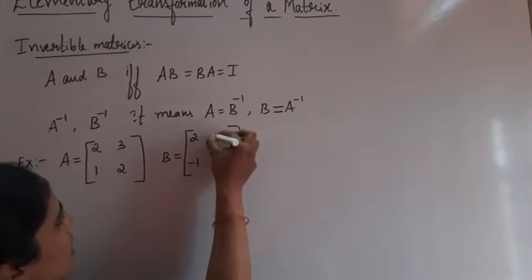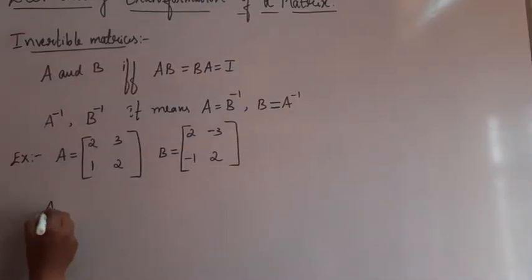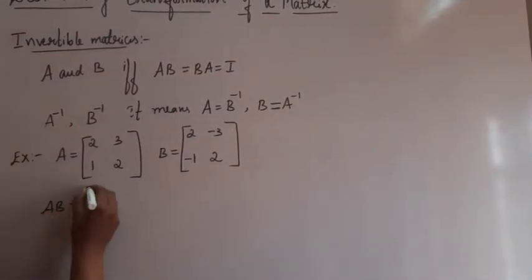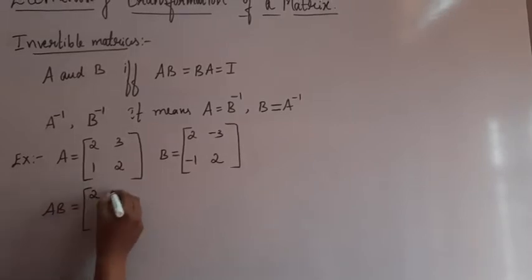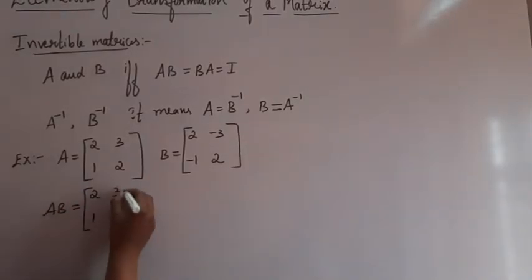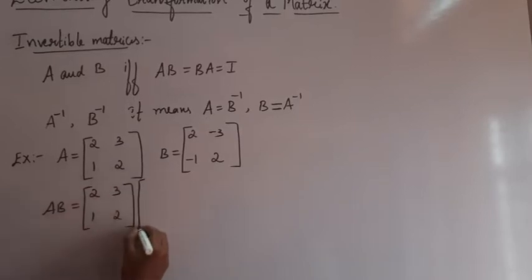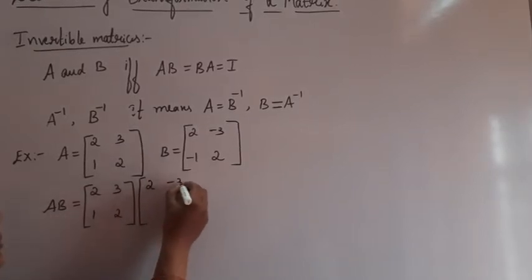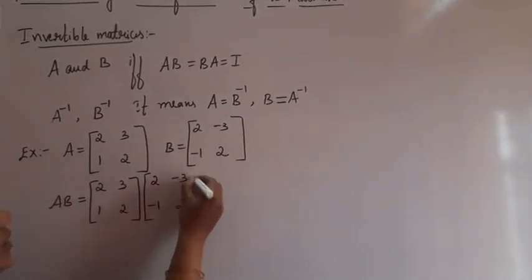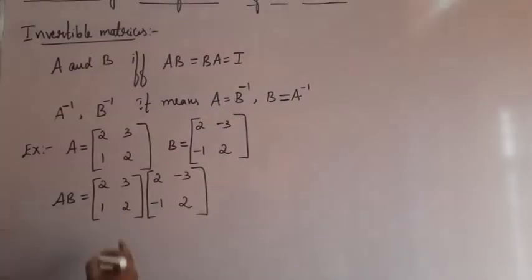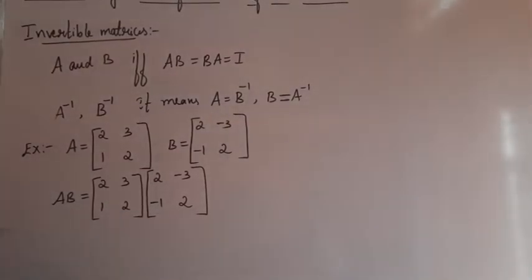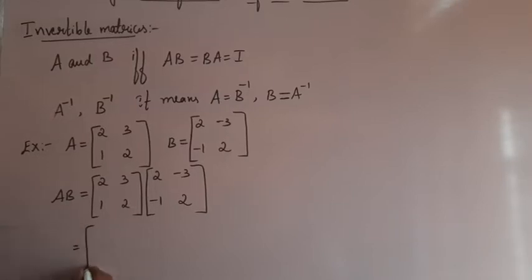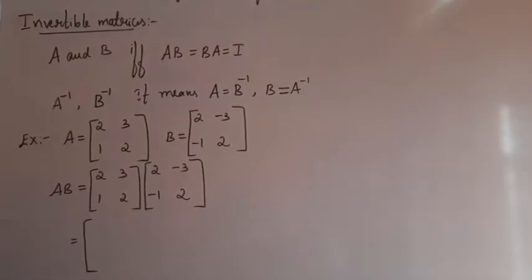Now let us multiply A into B. A into B equals matrix A, 2, 3, 1, 2, into matrix B, 2, minus 3, minus 1, 2. Now we have to multiply these two matrices row by column. We know the multiplication of matrices now, right? So let us multiply now.